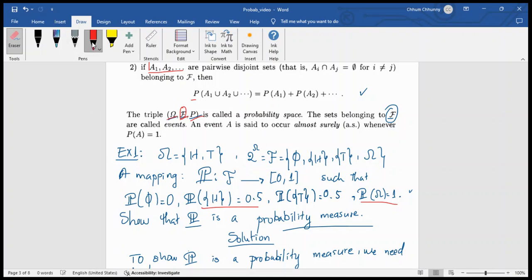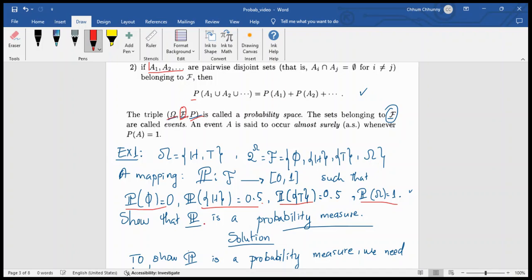In this example, I assign a mapping P from F to the real interval [0, 1]. This is the mapping P: P of the empty set equals 0, P of the set {H} equals 0.5, P of the set {T} equals 0.5, and P of omega equals 1.